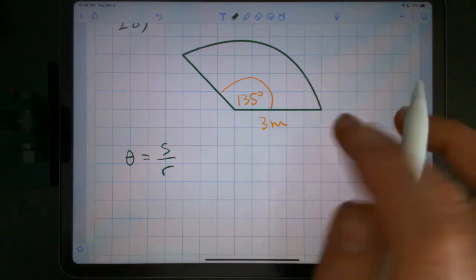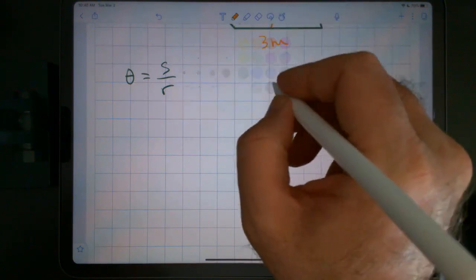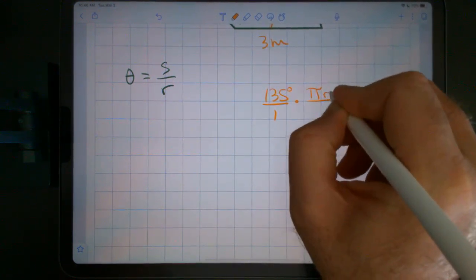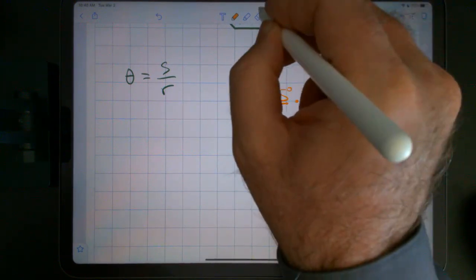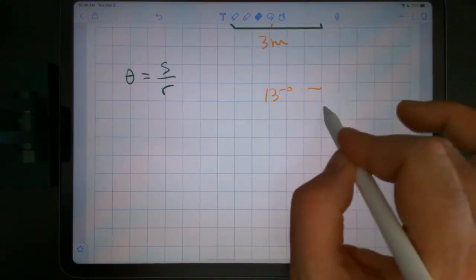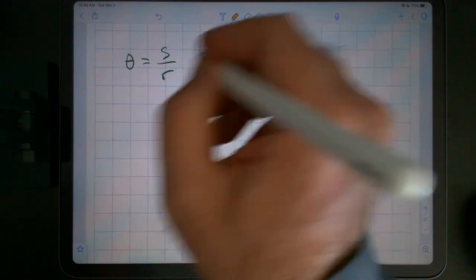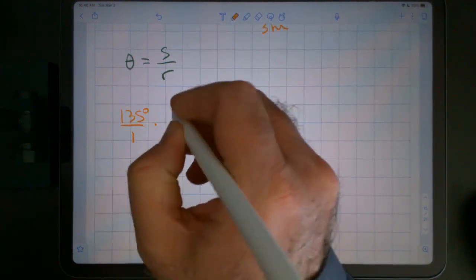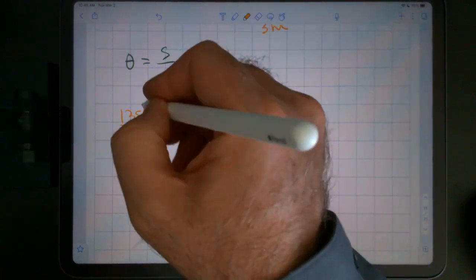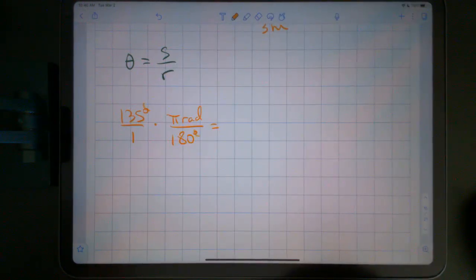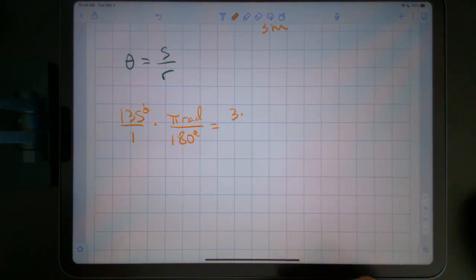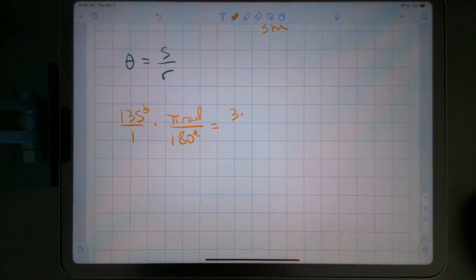Okay, let's convert 135 into radians. I wanted some more room because this fraction looks challenging. So 135 is like, what is 135? 45?